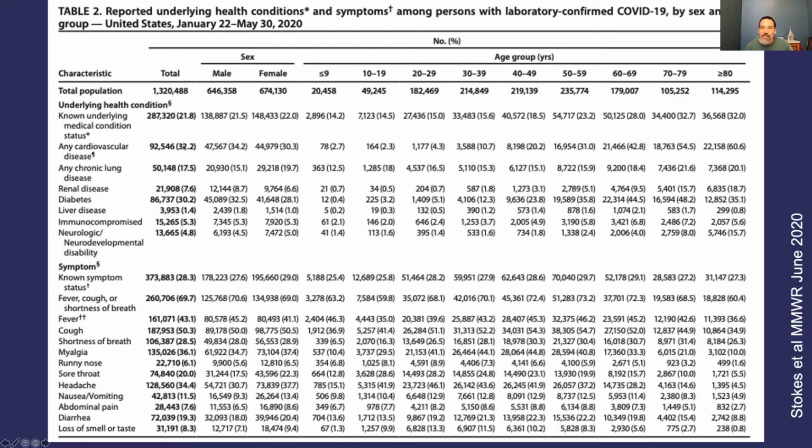And among those that had available information on underlying health conditions, the common underlying health conditions included cardiovascular disease, chronic lung disease, renal disease, and diabetes.